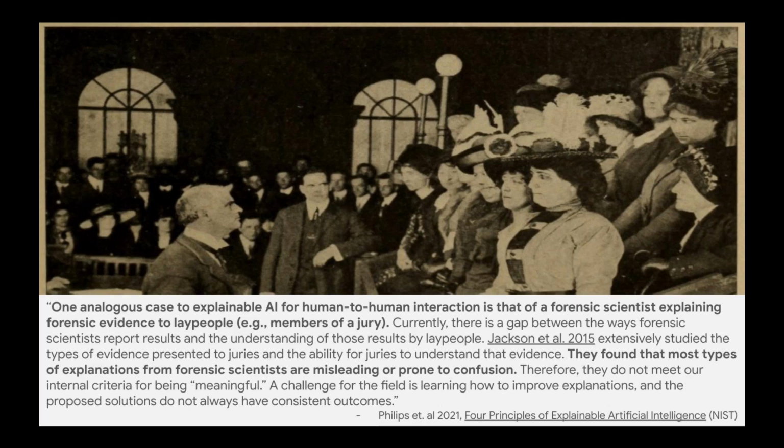There have been a number of studies that found that explanations that forensic scientists give about what they have observed can frequently be misleading, and juries frequently misinterpret what has been presented to them and are prone to confusion. And this has tremendous impacts on our justice system and the way people navigate that whole system.